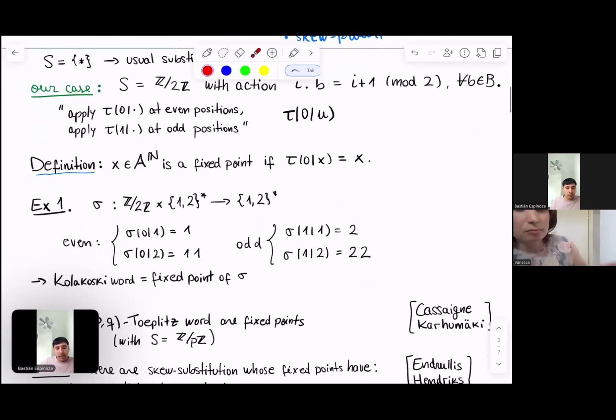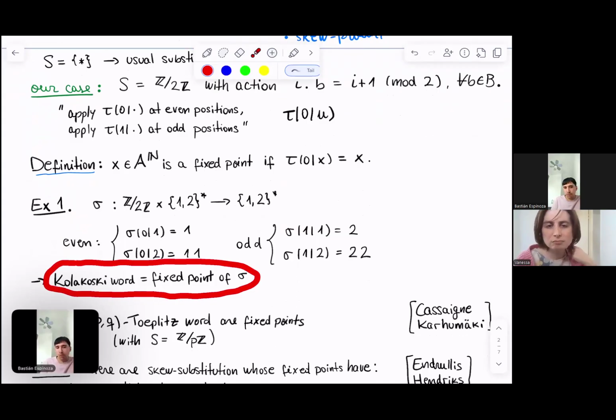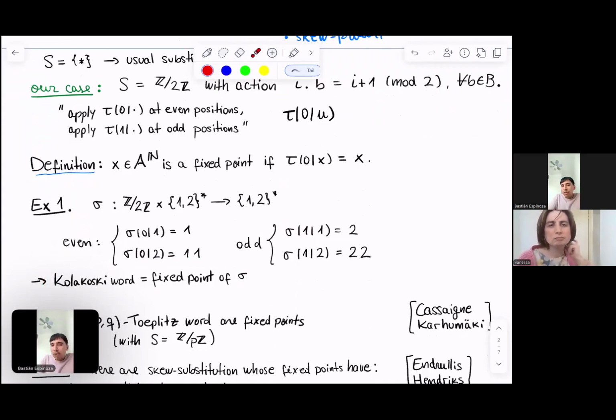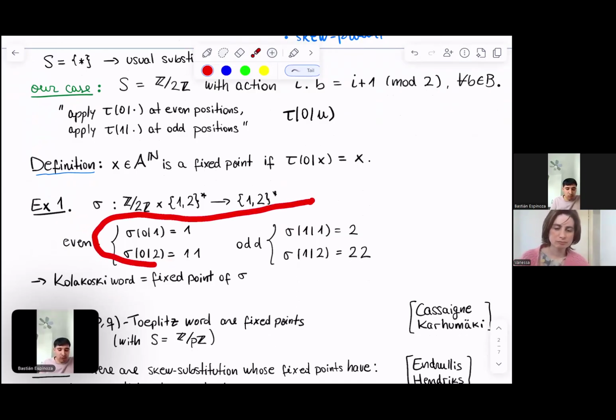The first example is this substitution. The exact combinatorial data that is used to define the substitution is not that important. What is important is that the fixed point that we generate in this case is the Kolakowski word. So even if we consider very simple actions and very simple looking substitutions like the one that we have here, the word that we generate can be very complex.